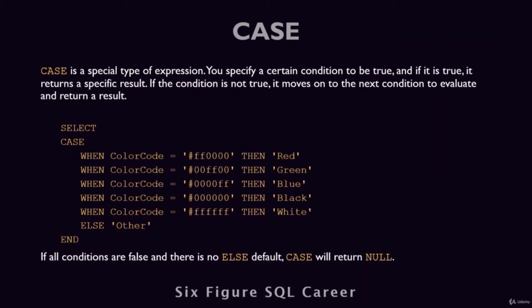So in my first expression, when the color code is pound FF0000, then it returns a string value of red. If that is not true, then it moves on to my next condition. When color code is pound 00FF00, then it returns green. If that's also not true, then it moves to the next condition, and so on and so forth.